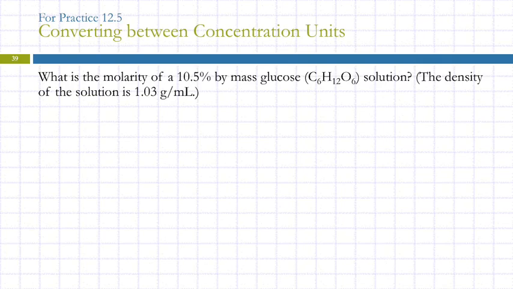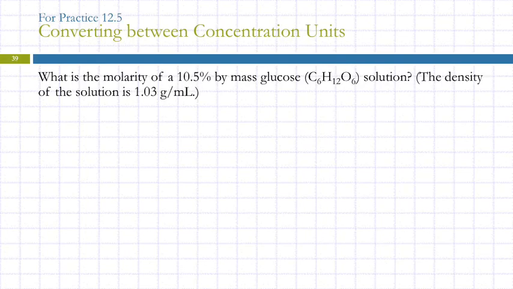One more. So this is kind of like that. What's the molarity of a 10.5% by mass glucose solution? The density of the solution is 1.03 grams per milliliter. Well, again, good idea to just take the numbers that you're given and write them down.